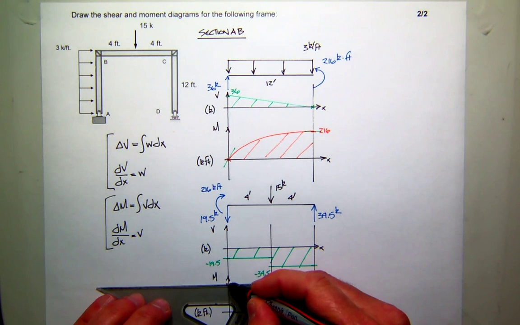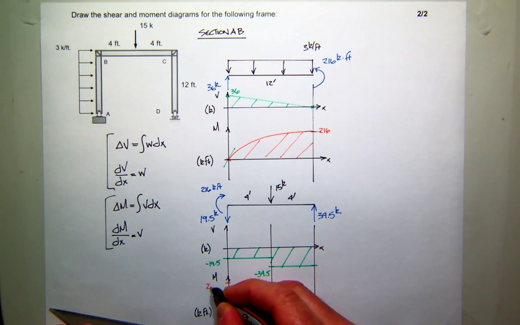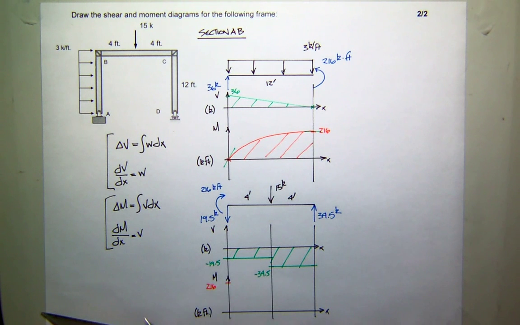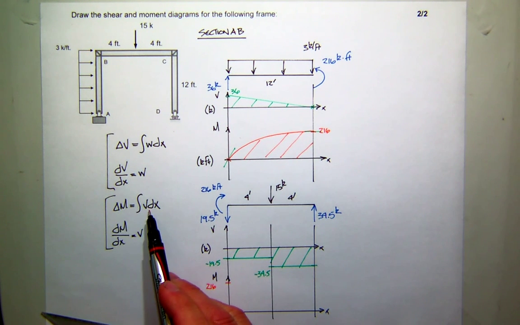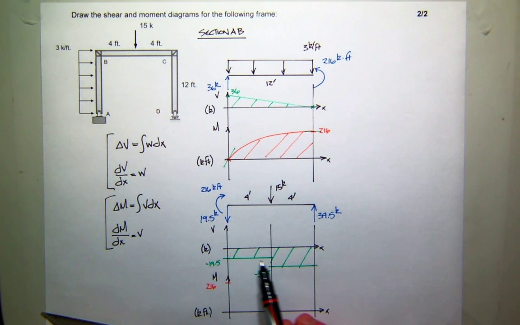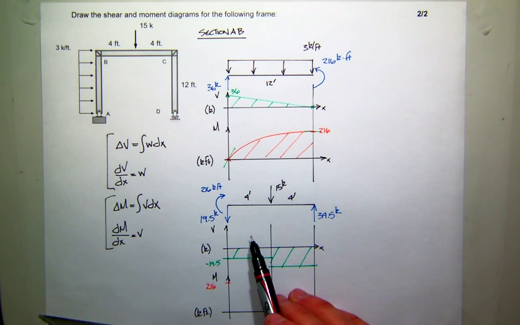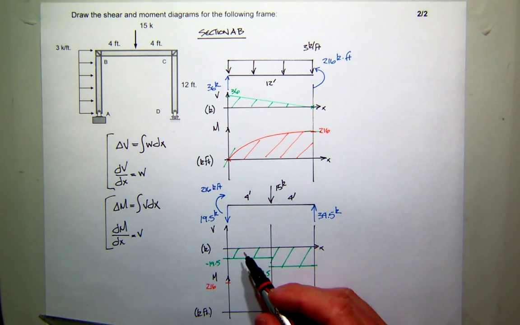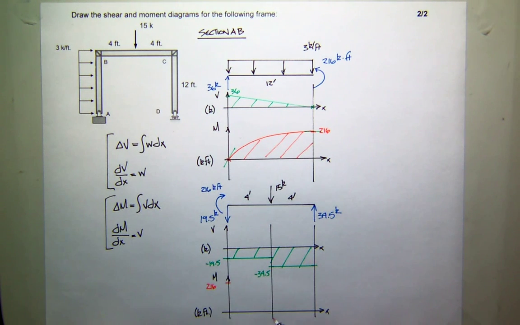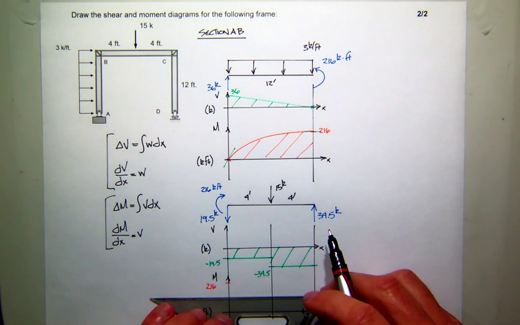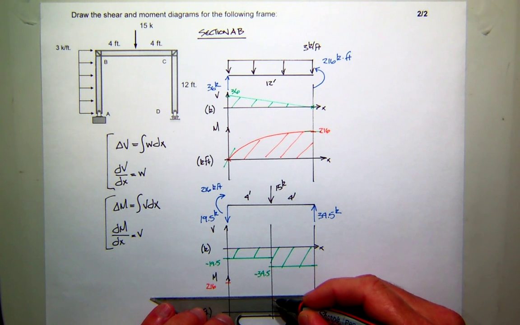Positive. So we're going to start off at positive 216. The change in moment is the area of the shear diagram over the first 4 feet. What's the area of the shear diagram? Well, it's a rectangle, so it should be base times height. 78. And that's negative, so what's 216 minus 78? What is it? 138. 138.